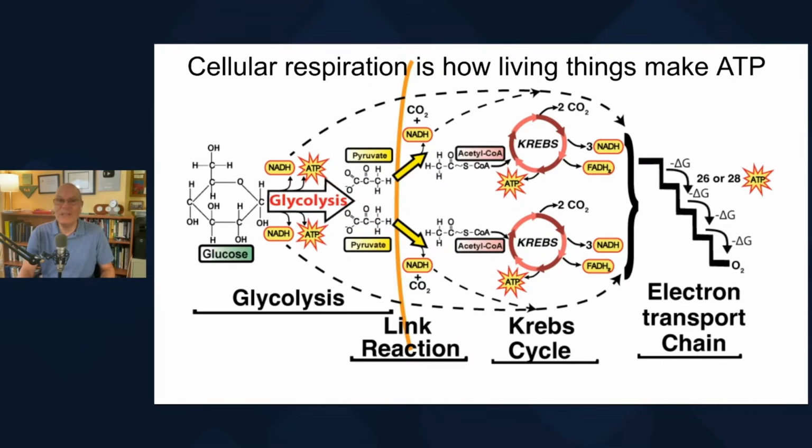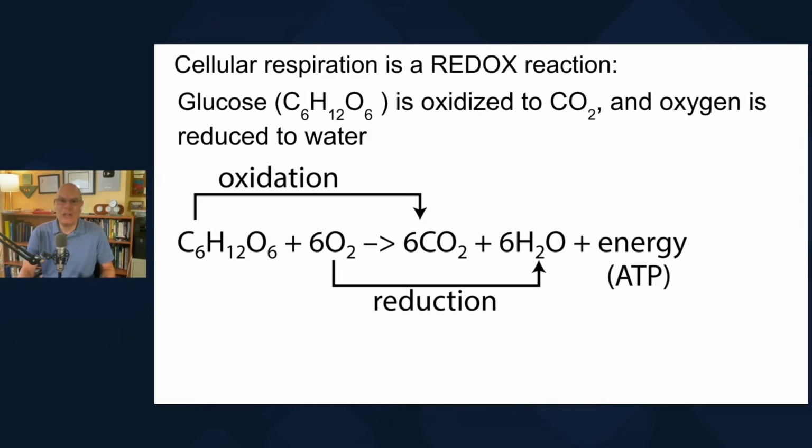Cellular respiration is a redox reaction. That's something from chemistry, an oxidation reduction reaction. And during cellular respiration, glucose, C6H12O6, is oxidized to CO2, and oxygen is reduced to water. So here's the oxidation, here's the reduction.